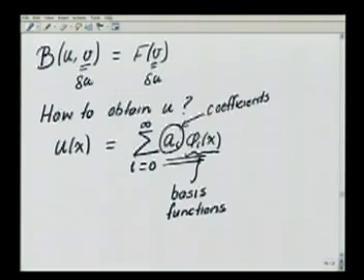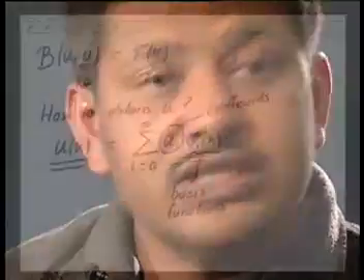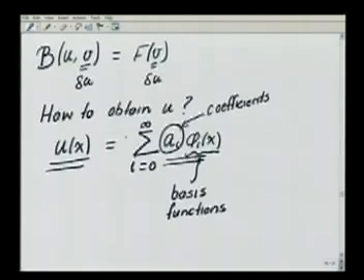If you can choose these basis functions properly, then the linear combination of these basis functions will form our solution u of x, and let us assume for the time being that this series is convergent. Implicitly we have assumed that the series converges to u of x at every point.